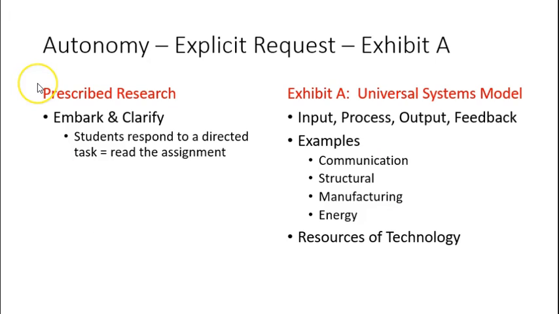We've aligned three assignments relative to how much freedom students have in determining guidelines for their inquiry. In each of the examples, the instructor had highly structured directions and prescribed assignments that students needed to complete. The Universal Systems Model was a prescribed reading task that aligned with the Embark and Clarify components of the RSD.